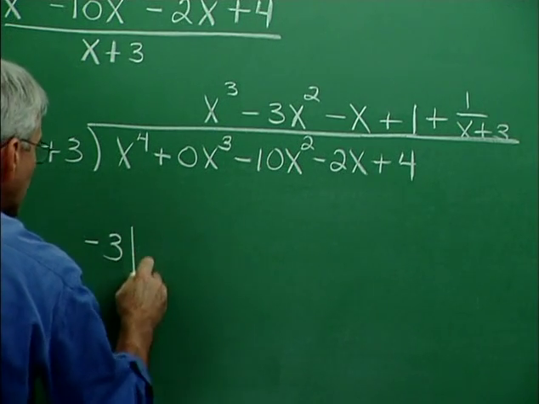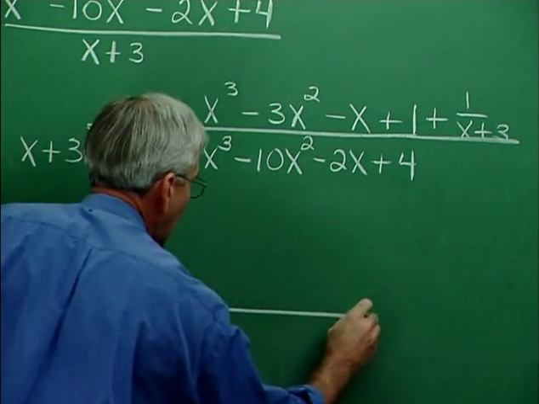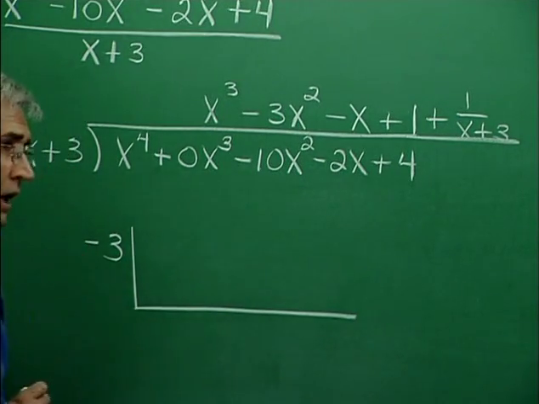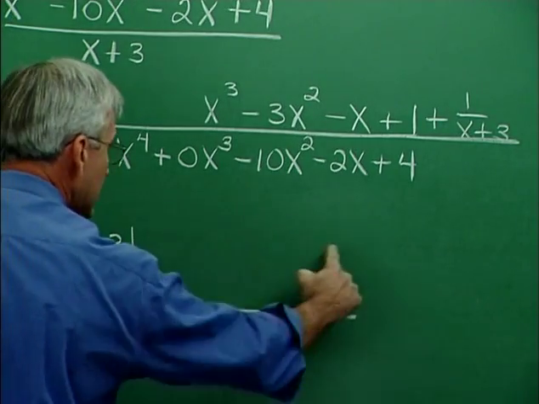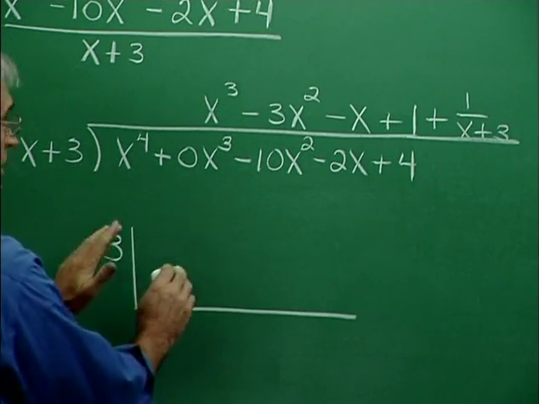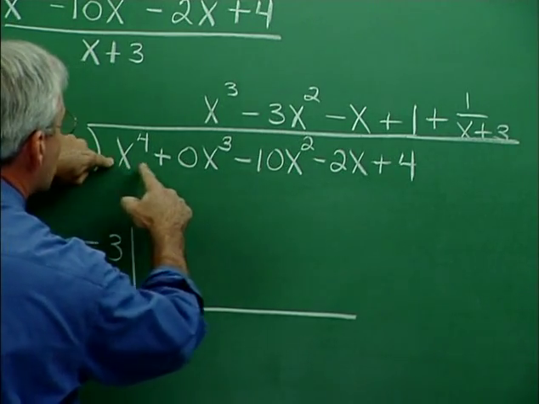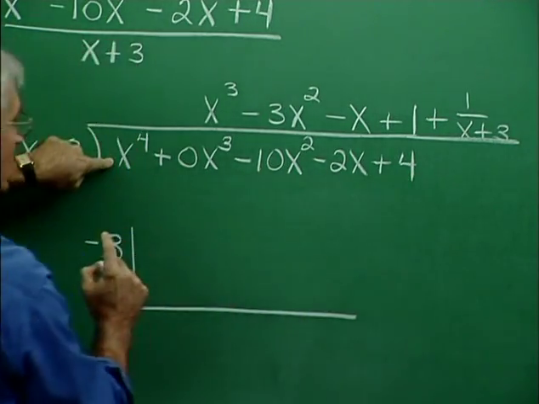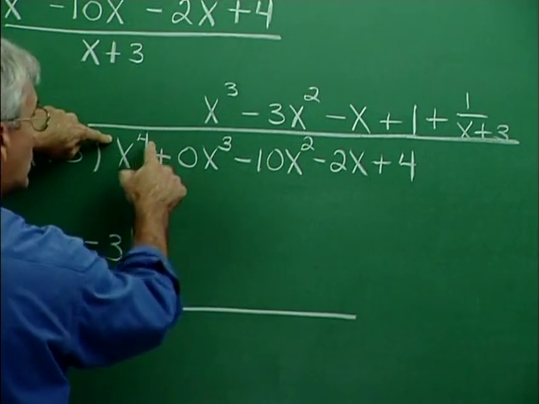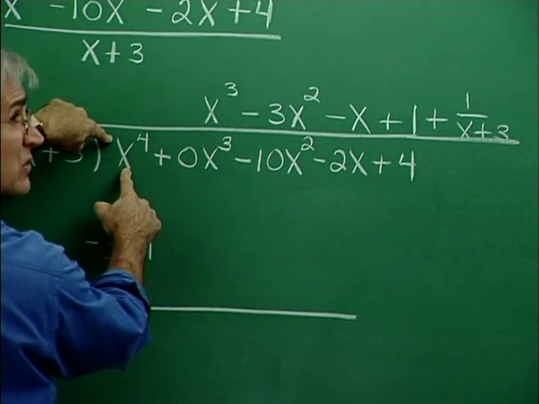Now I'm going to set up the situation like this. No division symbol exactly. It's just kind of a notation that we use for this purpose. All right, I'm going to write in this row the coefficients and the constant for the polynomial that we're dividing into. Now, I'm just going to use a 1 here. I'm going to ignore the x to the 4th business.